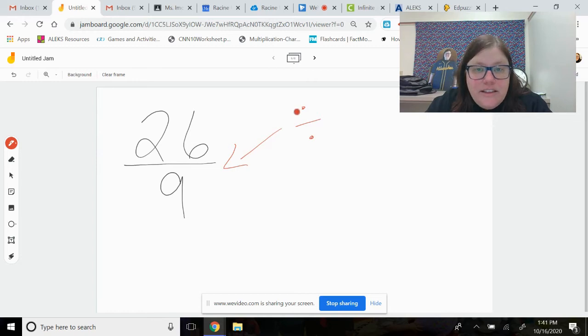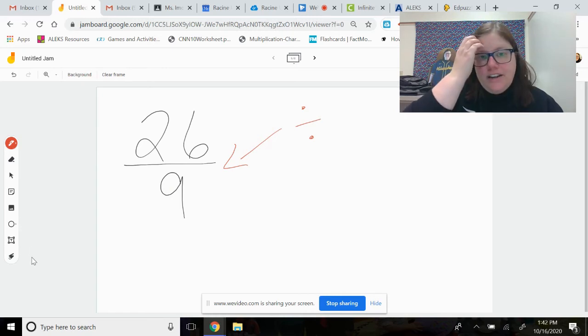It has the dot here, which could be the number, dot here, number, and then the line. So this line means to divide. So I'm doing 26 divided by 9. And this is going to come into play once we start doing decimals. First things first, though, let's still focus on fractions.